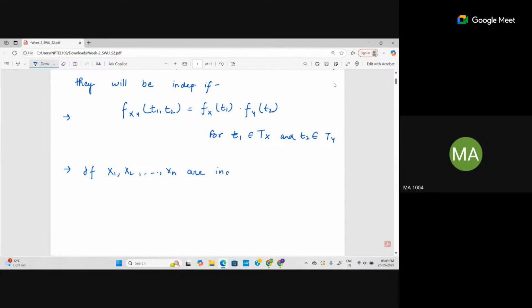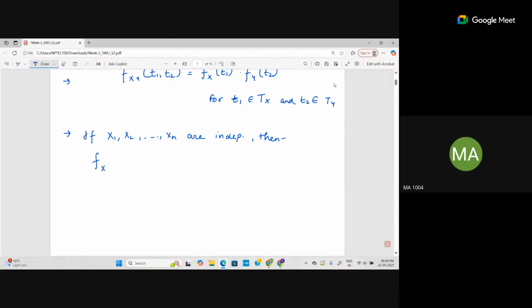If they are independent, then the joint f of x1, x2 up to xn should be equal to the product of their marginals.